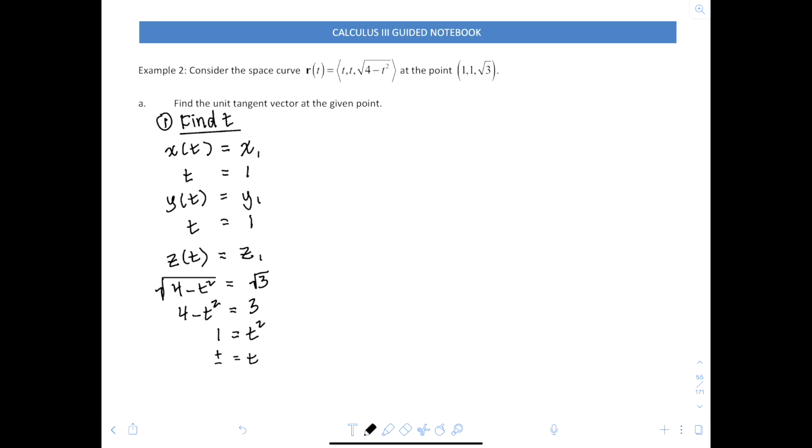But do you see how t was 1 for the other two? And so we're going to take that positive. Groovy? So t is equal to 1.